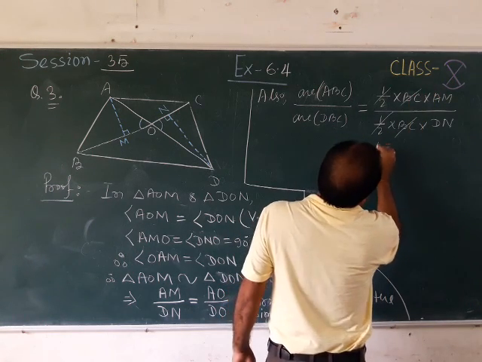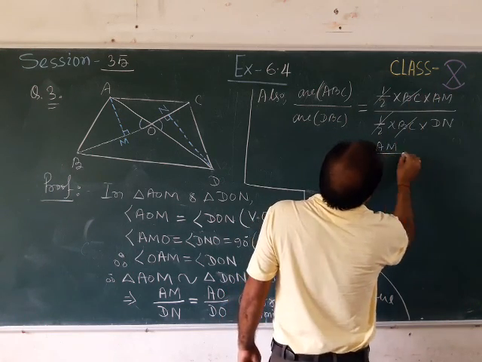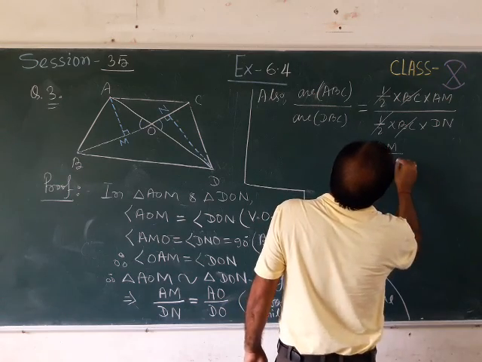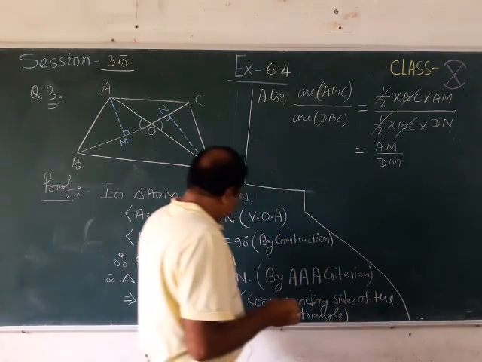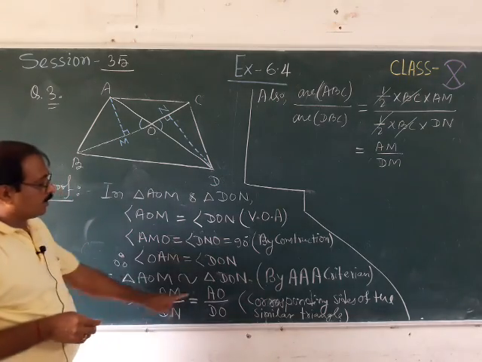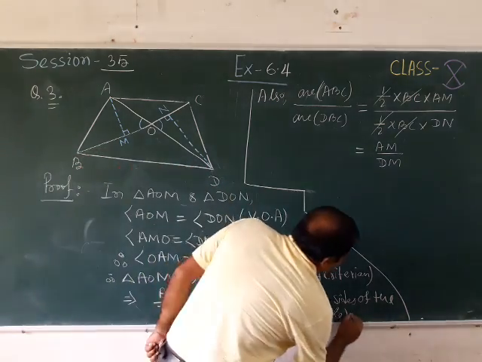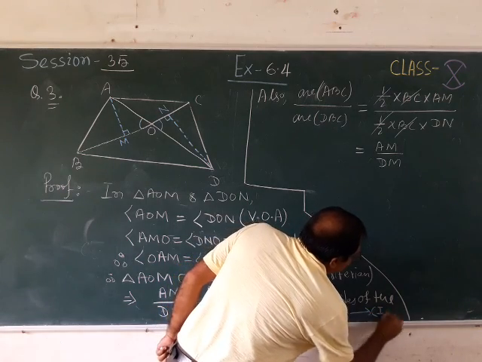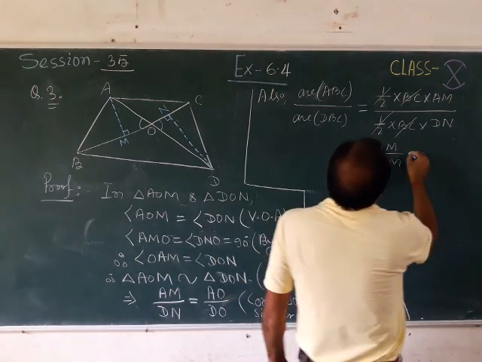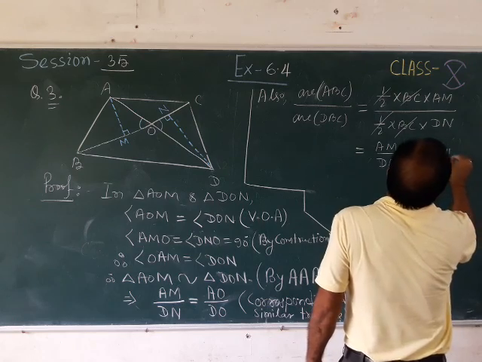That means it comes as AM upon DN, and AM upon DN is equal to AO upon DO. You can write this as relation number 1, and whatever I got earlier is relation number 2.